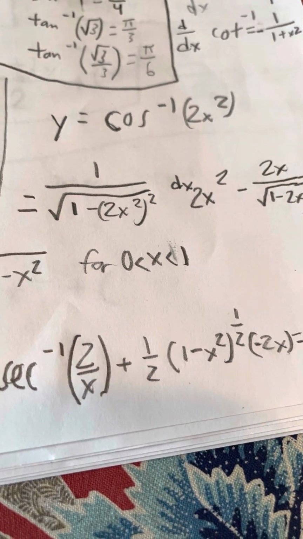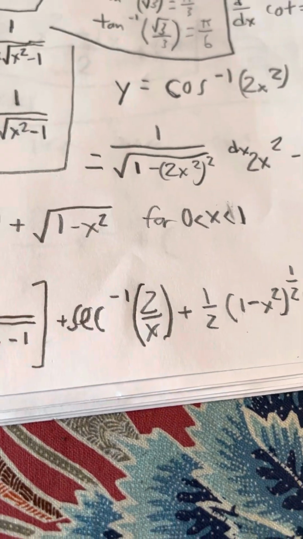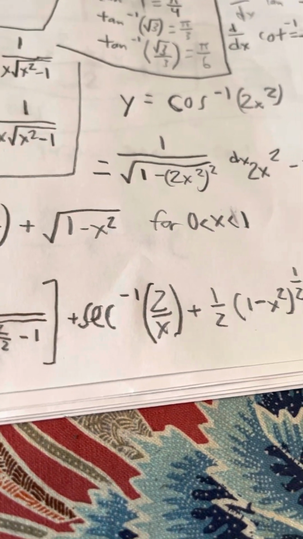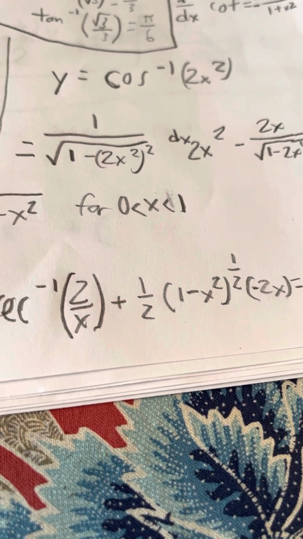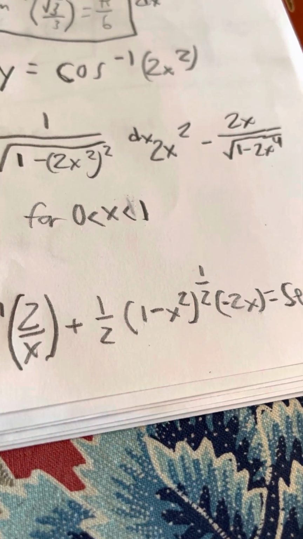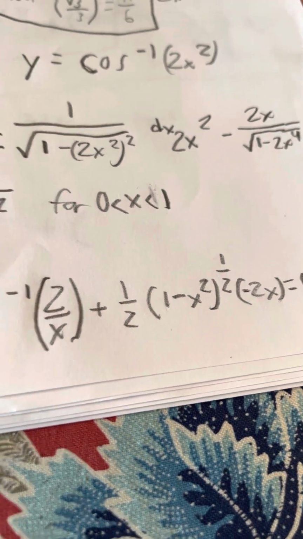y equals cosine negative 1 of 2x squared. That would be negative 1 over the radical of 1 minus 2x squared times the derivative, 2x to the 4th.